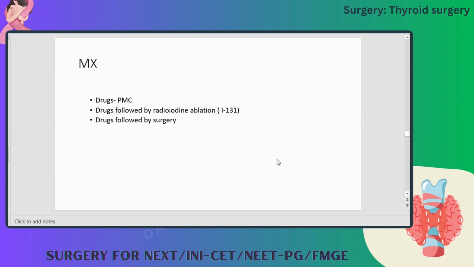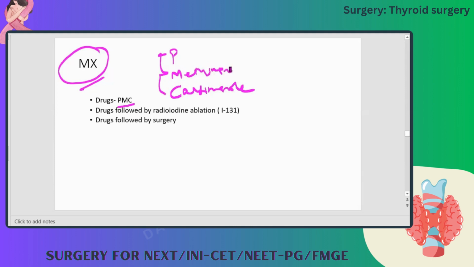Coming to the management of Graves' disease, we are talking about management of hyperthyroidism. So we have drugs to control that hyperthyroidism. What are the drugs? Anybody? Carbimazole, in pregnancy otherwise we give methimazole.